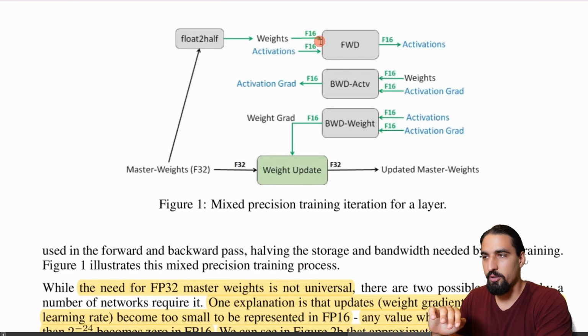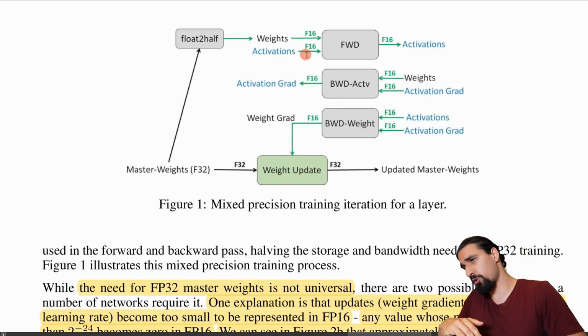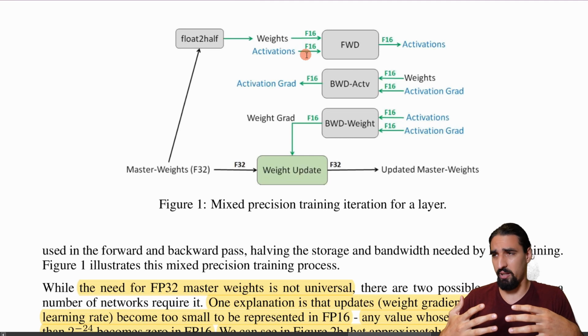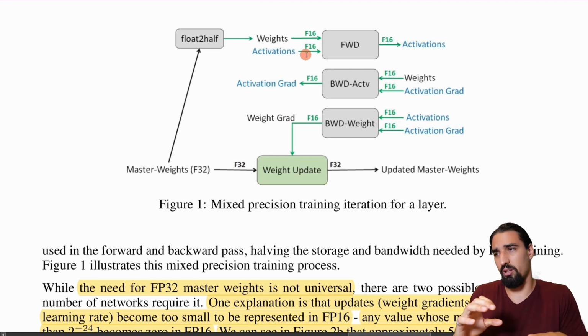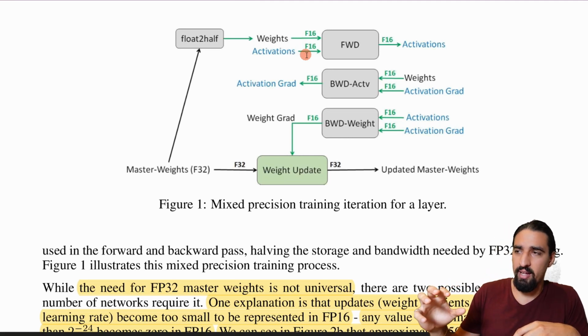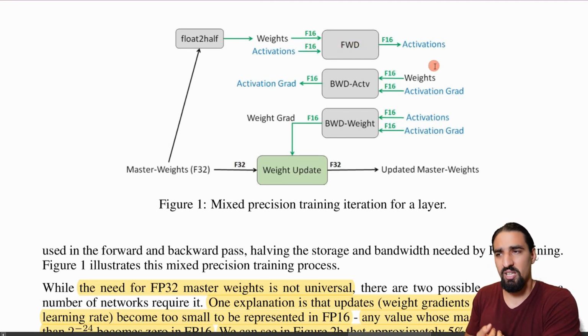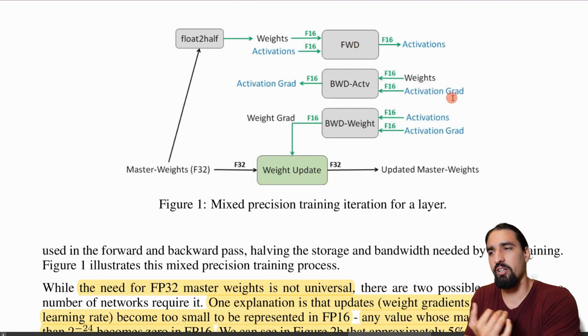Then you do the feed forward. You can see here you start with the activations, which are also FP16. You can always make sure that's the case because you control your data. So let's say the input is your image. You can literally feed the image as FP16 and combine that with FP16 weights, do the forward pass, and get the activations. Then in the backward pass, you do the same thing.